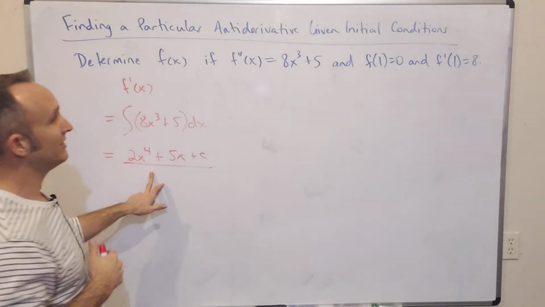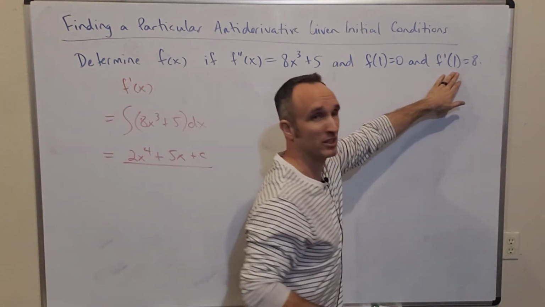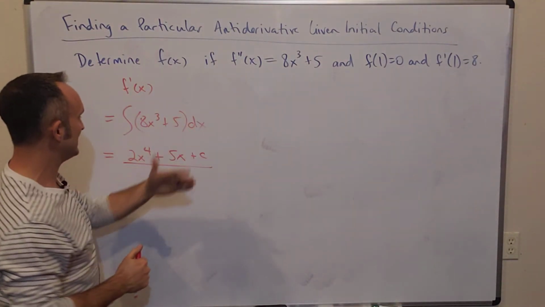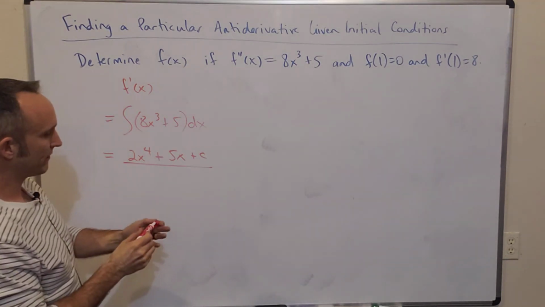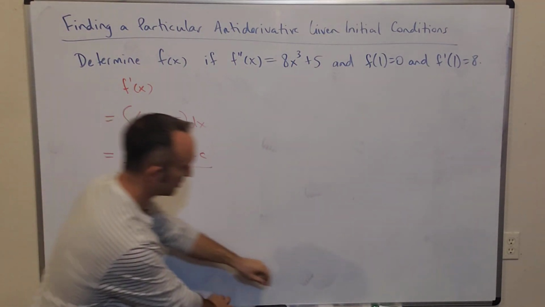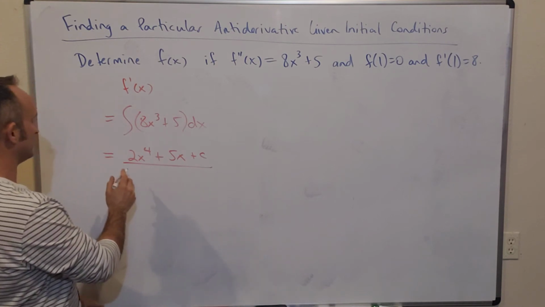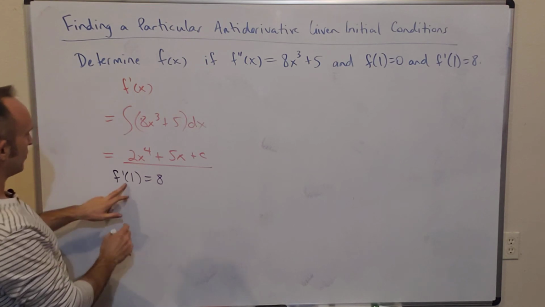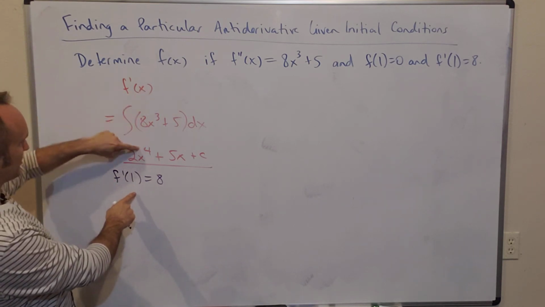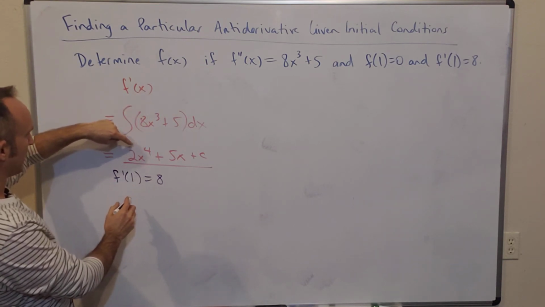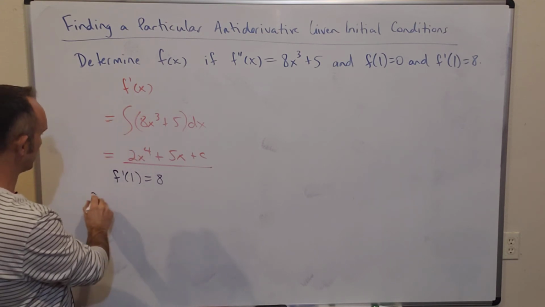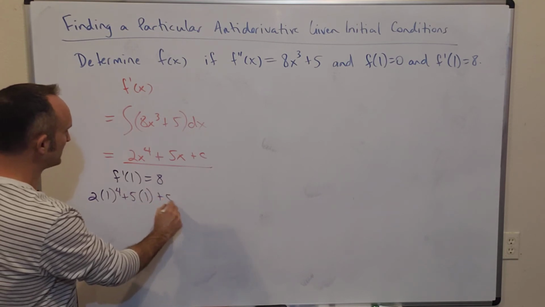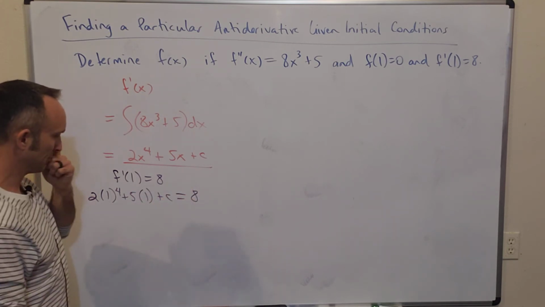And I can look at my initial conditions, and I can see that I have an initial condition not just on f, but also on f prime. So it might be a wise idea to go ahead and work here to figure out what this c is using that initial condition for f prime. So f prime of 1 equals 8. Well, f prime of 1 means plug 1 into the f prime formula. So I get 2 times 1 to the 4th plus 5 times 1 plus c has to equal 8.